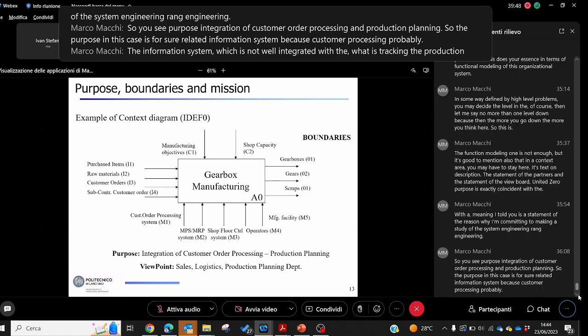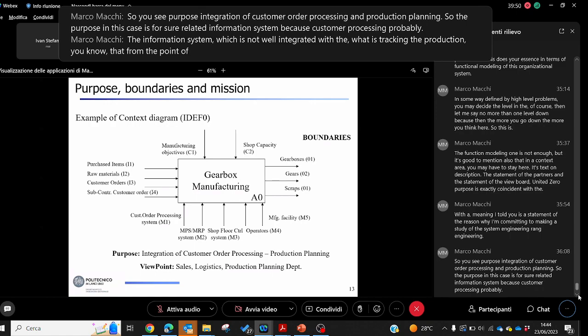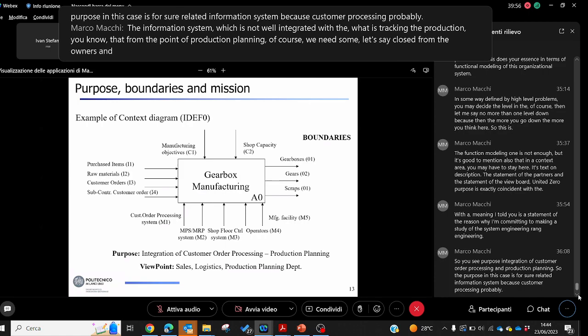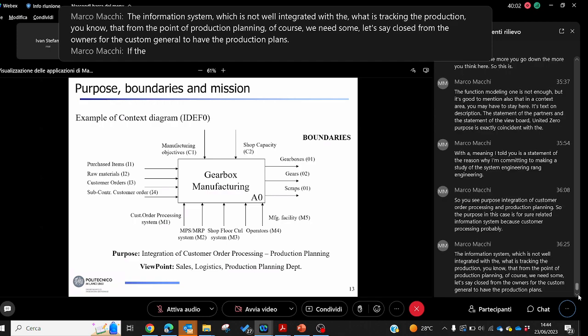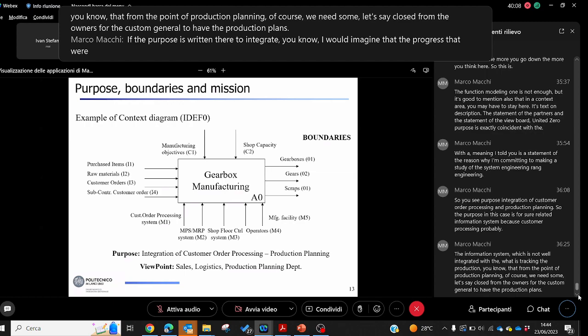You know that from the point of view of production planning, of course, we need some flows from the orders, sales forecast in general, to have the production plans. If the purpose is written there to integrate, I would imagine that the problem is that we have some lack of integration between existing systems.